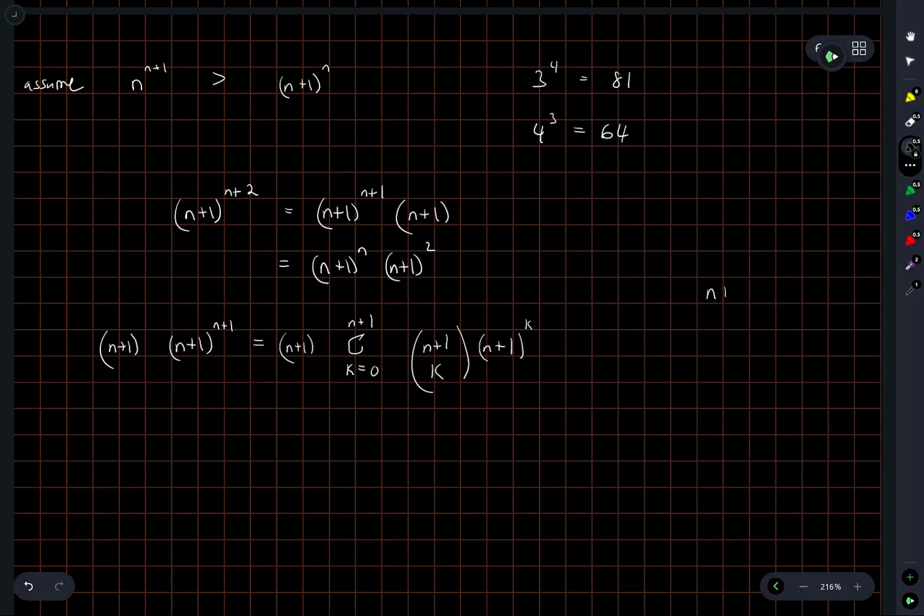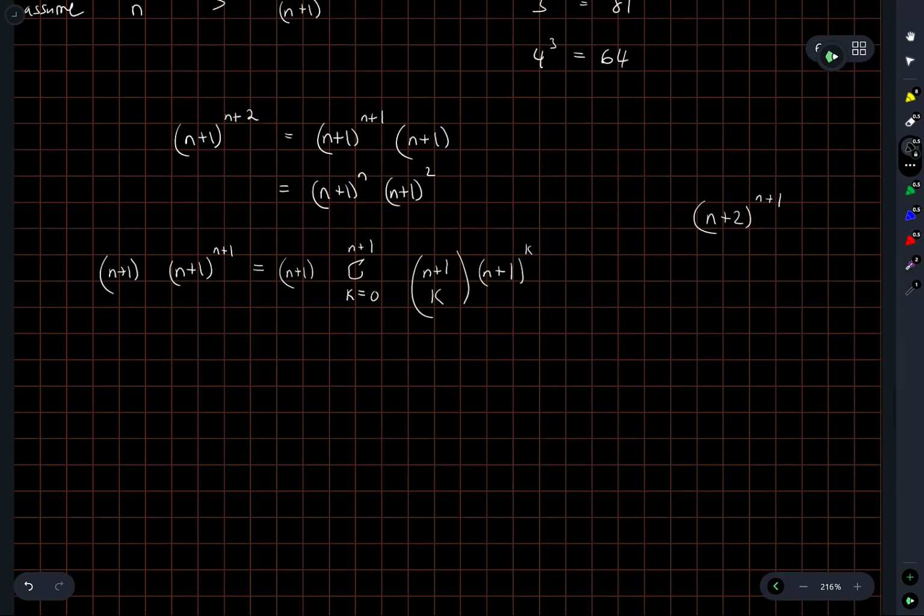I'm aiming for n plus 2 to the n plus 1, but I'm allowed to use this inequality. So there's an n plus 1 to the k here. Let's write this as n plus 1 to the n times n plus 1 to the k minus n.